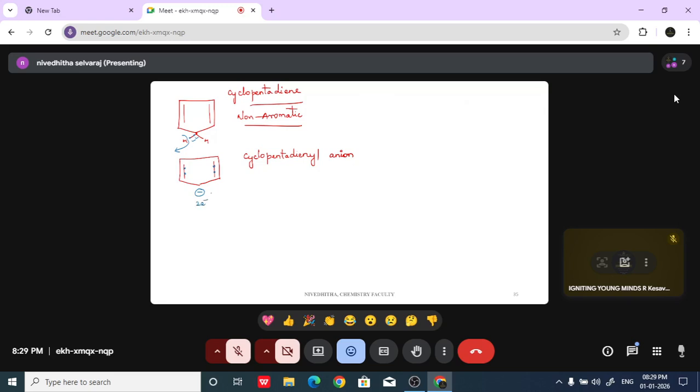So how many pi electrons in total? 1, 2, 3, 4, 5 and 6. So we have 6 pi electrons. All the conditions are satisfied, so cyclopentadienyl anion is aromatic. That's it. Now we'll move on to the next example.